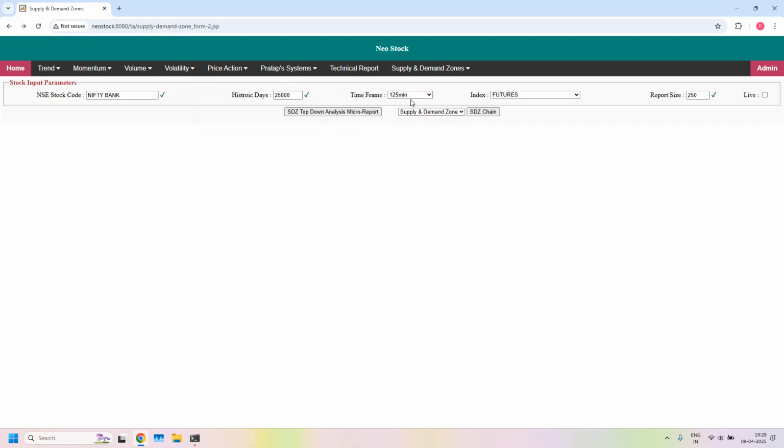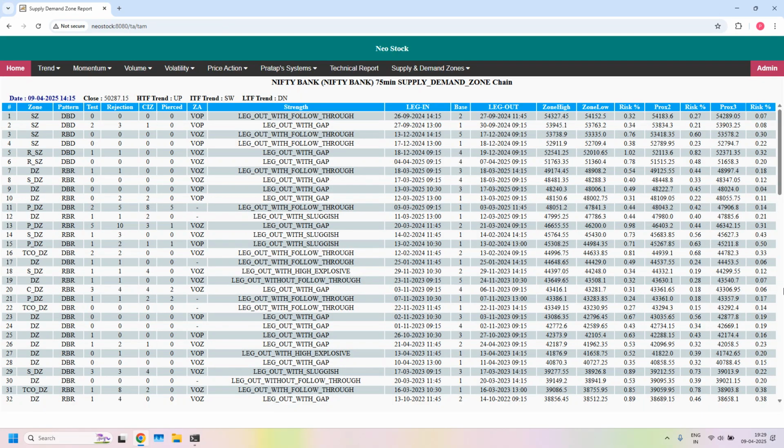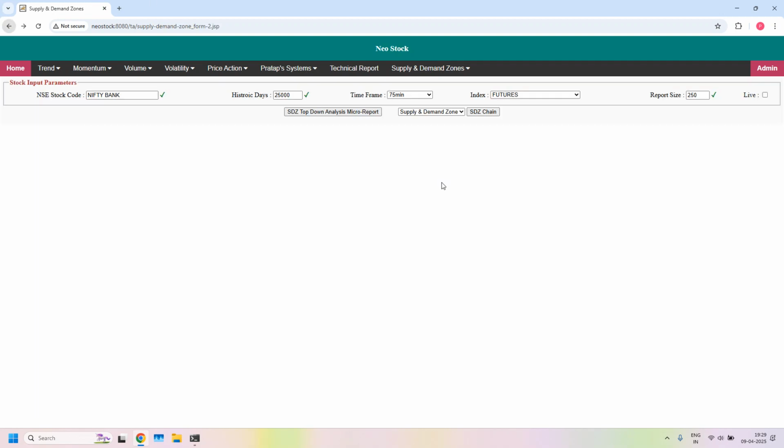Next, the 75 minutes supply demand zone chain for Bank Nifty. Next, the 25 minutes supply demand zone chain for Bank Nifty.